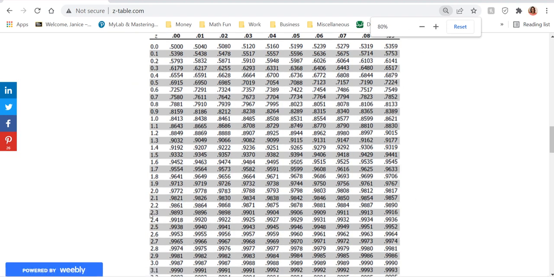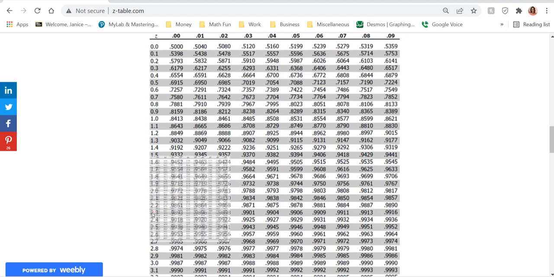So 2.3, and then 2.38 is going to go right there. So there's the 0.08 and 2.3. So you want to find where those meet, which is right here at this 0.9913. Okay, that's going to be that area.